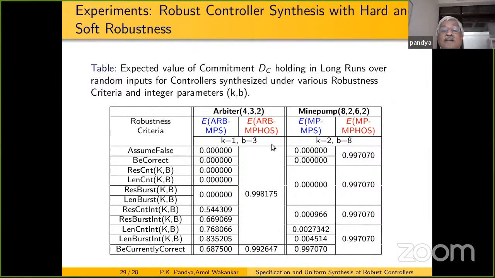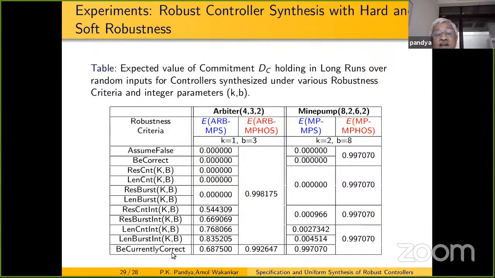So what you find is that this optimization criterion is so powerful that all these different relaxed assumption controllers collapse to this single controller. This soft optimization criterion subsumes all these hard optimization criteria. And you get a controller which meets the commitment in 99.8% of cases.